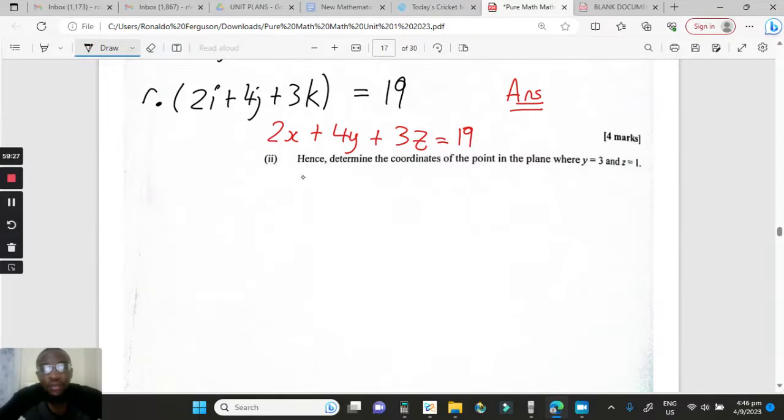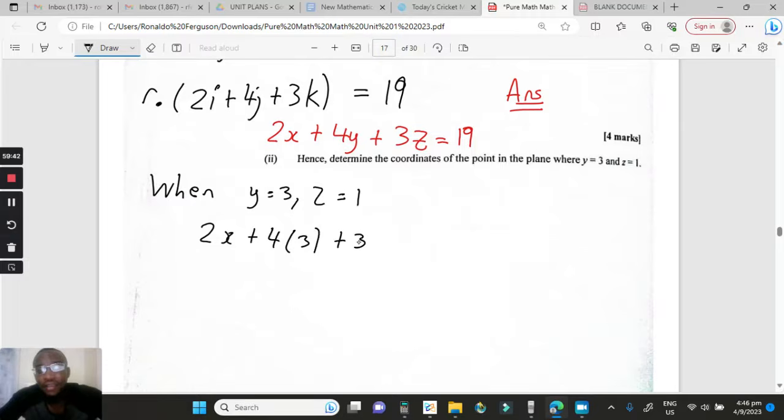So all we're going to do is, when y equals 3 and z equals 1, we have 2 times x, we don't know the x value, plus 4 times the y value, which is 3, and 3 times the z value, which is 1. We know that is 19. We'll put it in the equation of the plane.